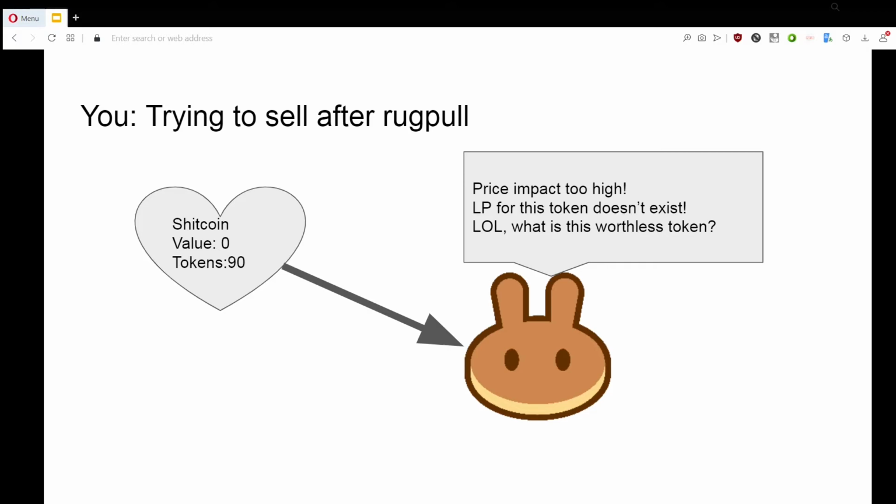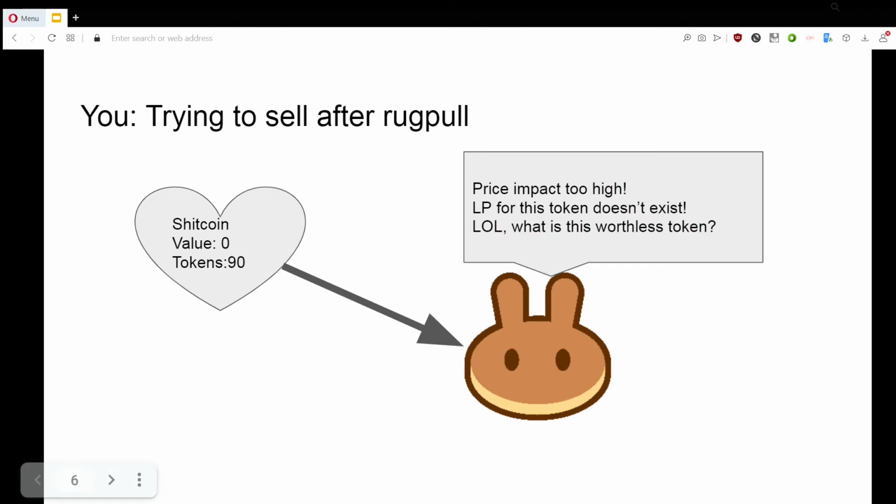Or the LP for this token doesn't exist if they removed everything from the token liquidity pool. So while you are expecting to receive 1 BNB for these tokens, you are actually not going to. You are not going to receive your money back, and you basically are out of luck. Your money is gone. The scammer has your money. So this is how pulling the liquidity, doing a rug pull, works.